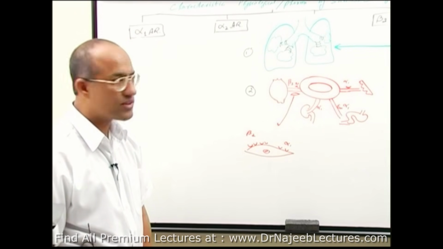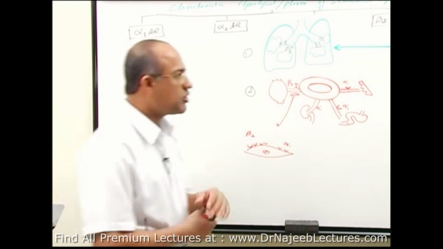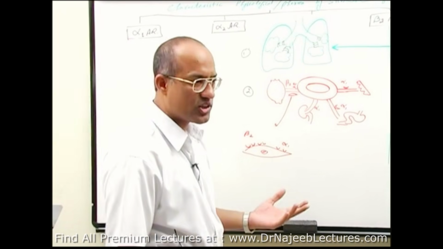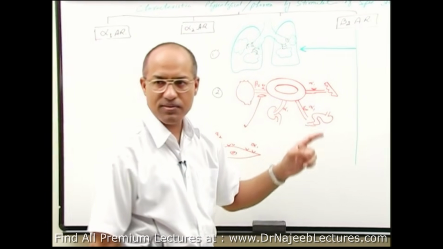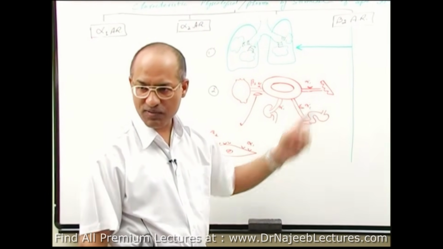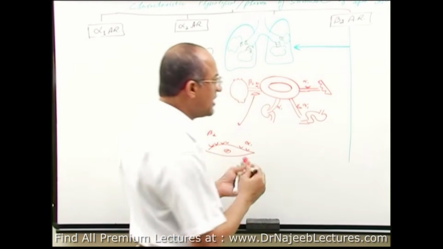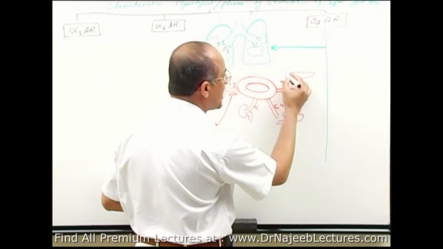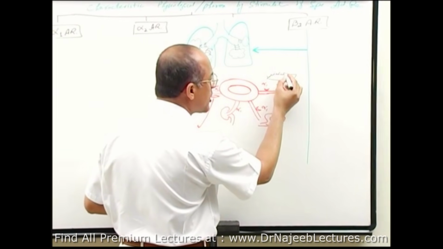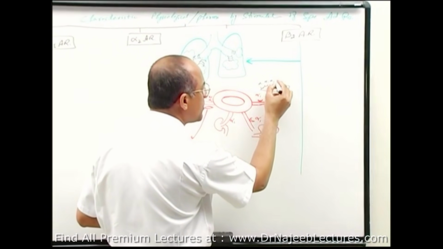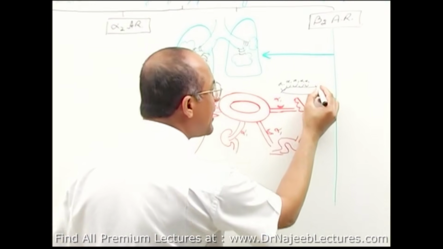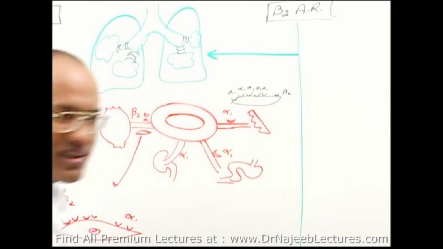And let me tell you something interesting now. Even though when we read medical literature, we say cutaneous blood vessels have which receptors? Alpha 1. But to be very critical, cutaneous blood vessel smooth muscle has a lot of alpha 1 receptor, and little beta 2 also.